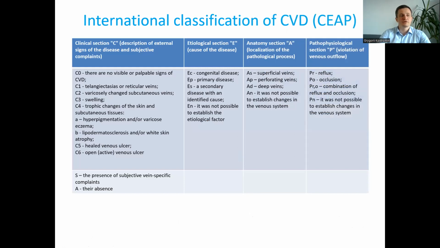Please pay attention to the classification of chronic venous diseases. CEAP is an international classification of chronic venous diseases made in 1994 by a group of experts of the American Phlebological Forum and includes clinical section, etiological section, anatomy section, and pathophysiological section.